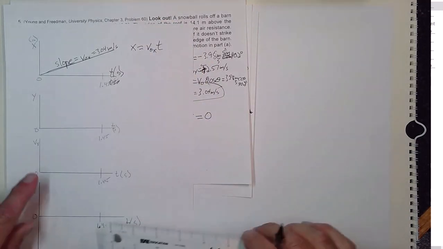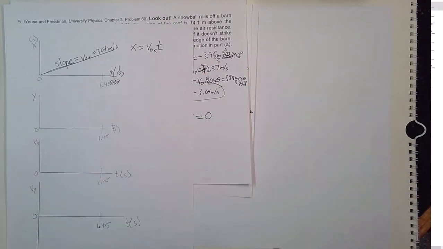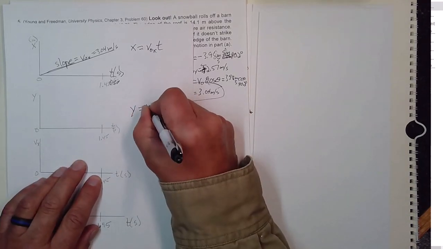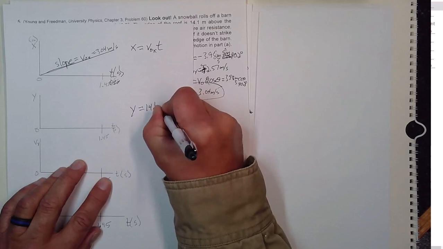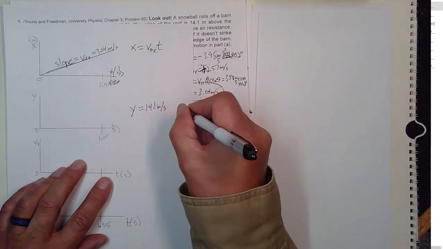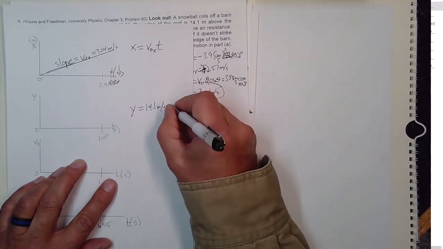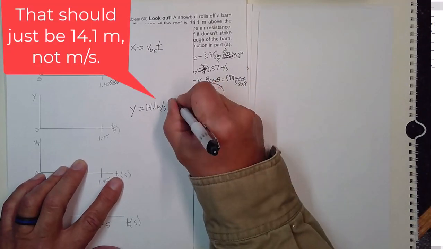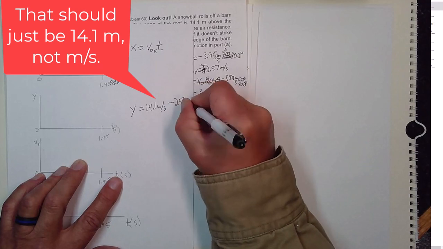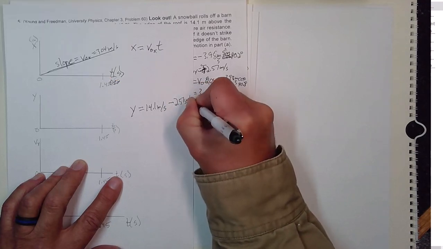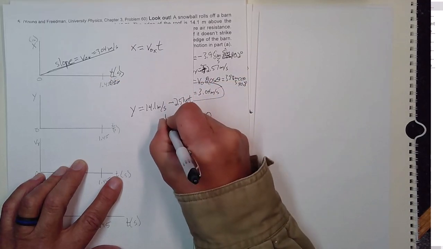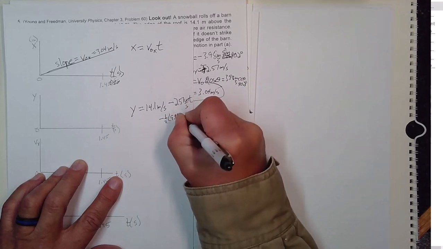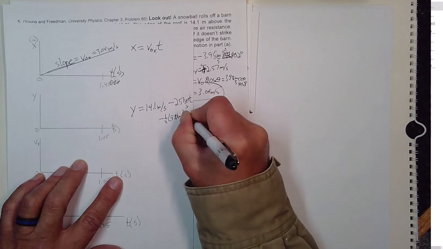Now, the y versus t graph is not so simple. We've got y is equal to 14.1 meters minus that 2.57 meters per second times t, minus 1/2 times 9.81 meters per second squared t squared.